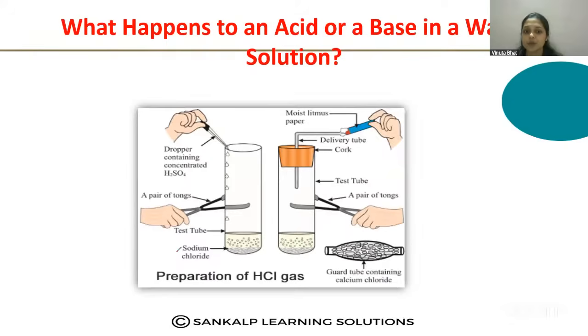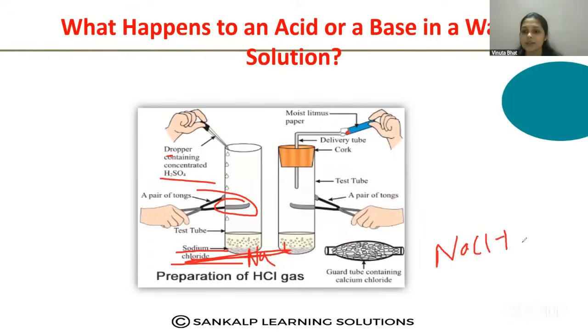In that test tube you take sodium chloride, NaCl. The test tube is held with a pair of tongs. Then a dropper containing concentrated H2SO4, sulfuric acid, is added to the sodium chloride.